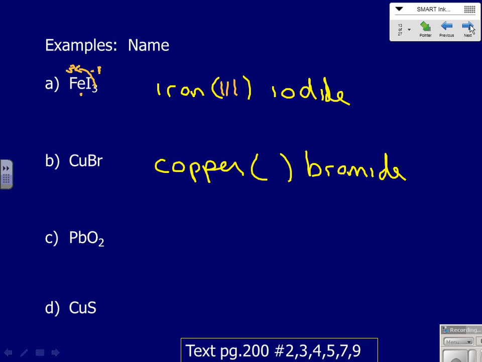It's going to take you a long time to get formulas that way. What's the charge? -1. So if it was copper 1, or if it was copper 2, which one does it have to be? It's got to be copper 1.